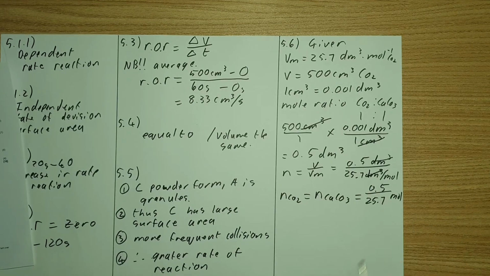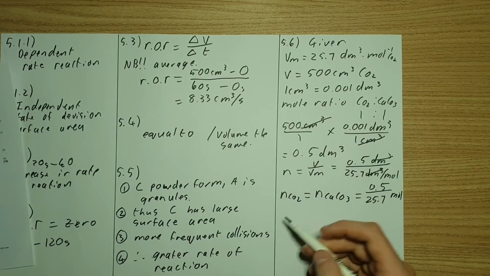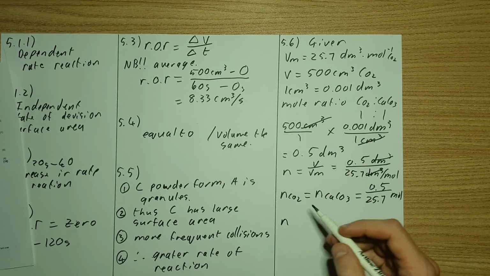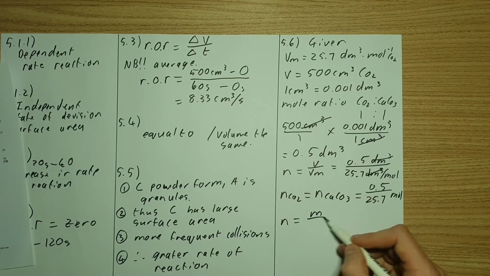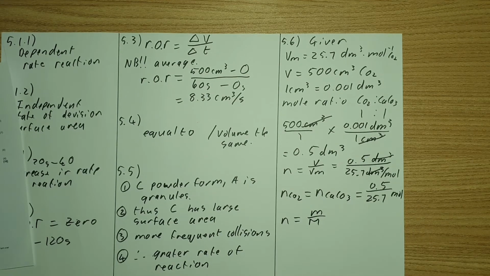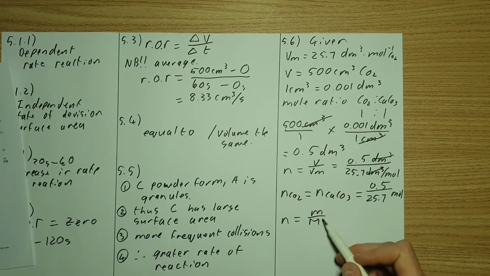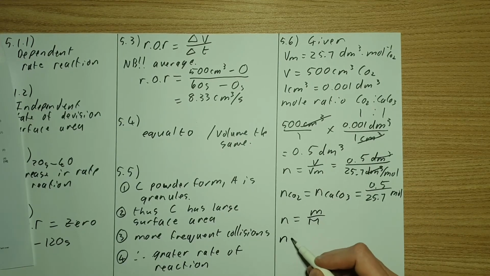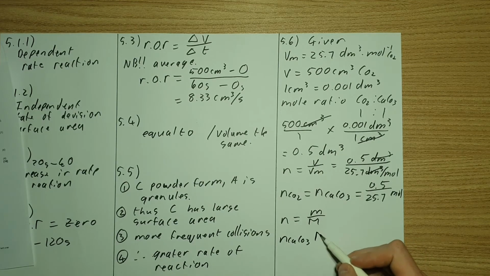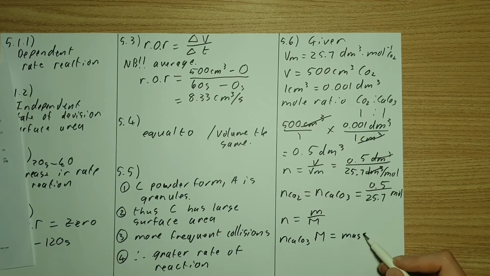Then in order to calculate the mass, we know that n equals m over capital M. So we want little m, that's our mass, and this is our molar mass. So n of CaCO3 times my molar mass will equal my mass.